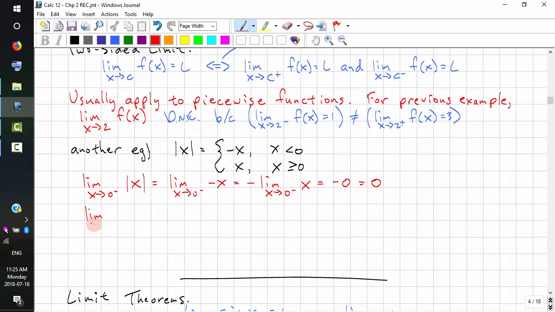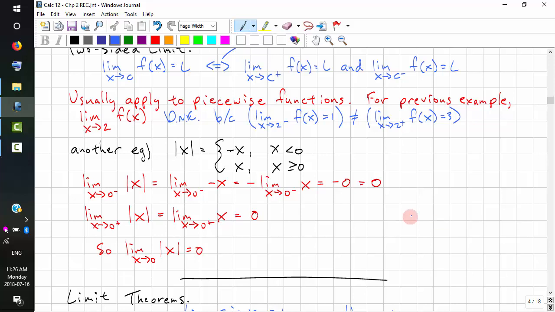The limit as x approaches 0 from the right of the absolute value of x equals the limit as x approaches 0 from the right of x, and that's just 0. So the two-sided limit as x approaches 0 equals 0, because the left and right are equal.